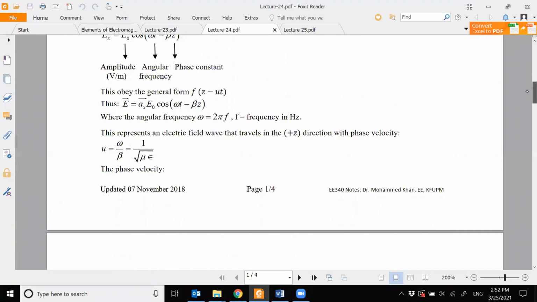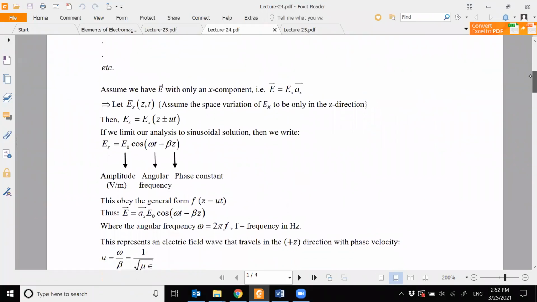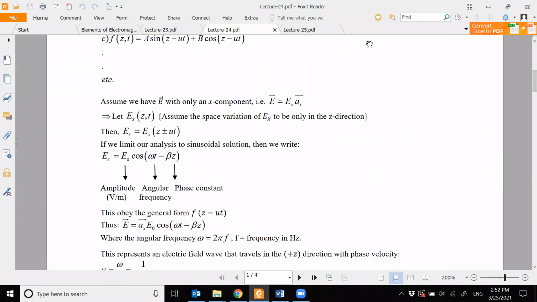Now we are simplifying things, and you will see that these simplifications hold to some extent. First, our electric field E is made up of Ex ax, Ey ay, Ez az, taking Cartesian coordinates.